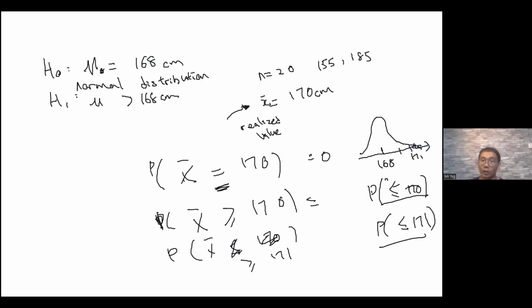So it depends on the questions and on the data you got whether to use bigger than or lesser than. But generally, this is a form of measure to tell you how likely that you obtain that sample. So we call this the p-value.